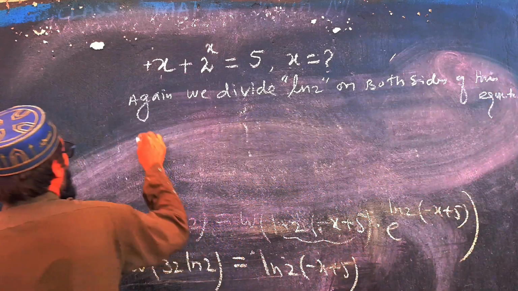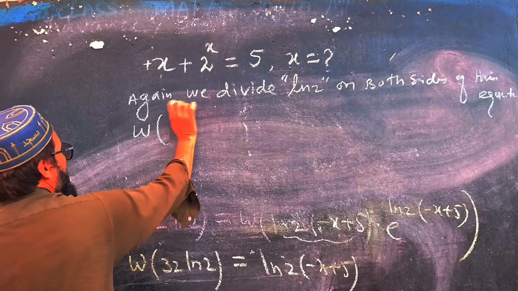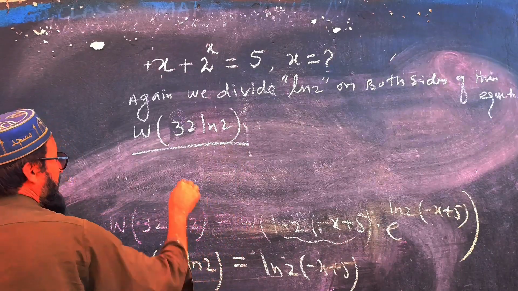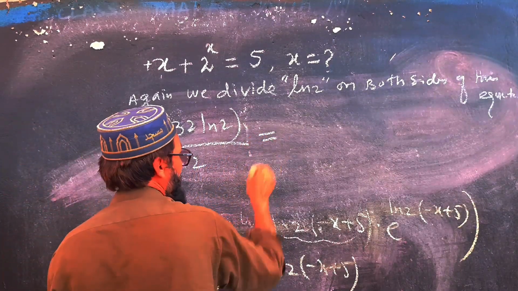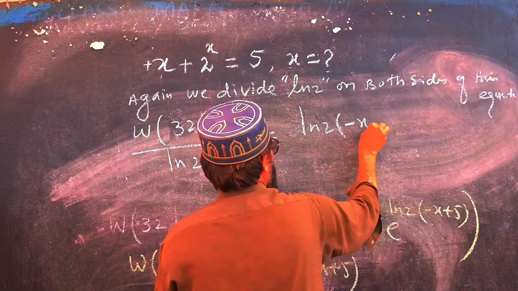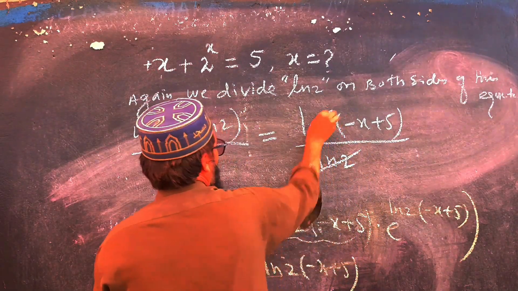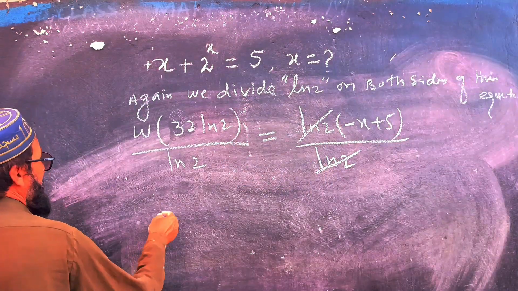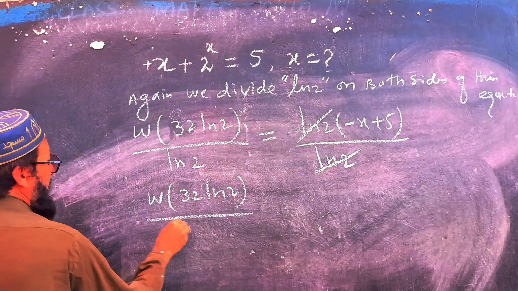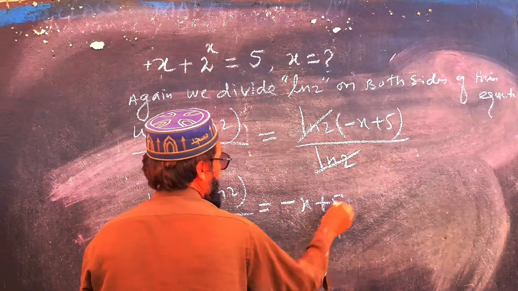So we get W of 32 log of 2 divided by log of 2 is equal to log of 2 into minus x plus 5 divided by log of 2. These log of 2 cancel each other, and we get W of 32 log of 2 divided by log of 2 is equal to minus x plus 5.